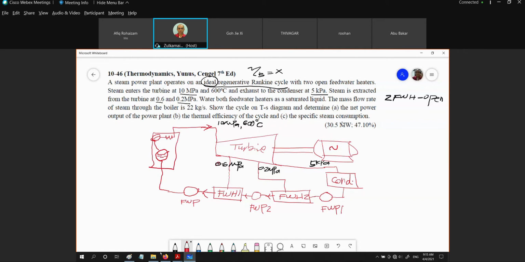And then we are going to increase again the pressure using feed water pump number 3, from 0.6 to the boiler pressure, which is 10 megapascal. And we increase the temperature to 600 before entering the turbine. So this is what our schematic diagram looks like.